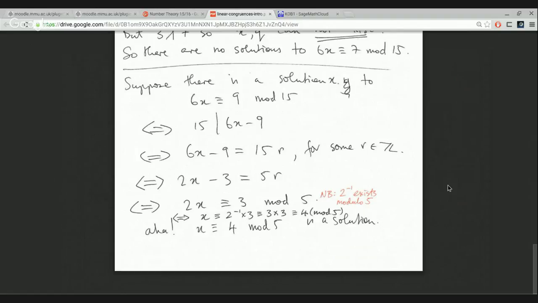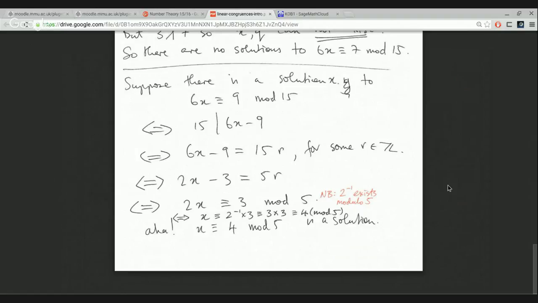So really what you're looking at is 2x being congruent to 3 modulo 5. Because we've removed the greatest common divisor, the coefficient sitting here now is co-prime to the modulus. The 6 was not co-prime to 15, but we divided across by the common divisor. So what's left behind is a co-prime pair. The 2 is co-prime to 5.